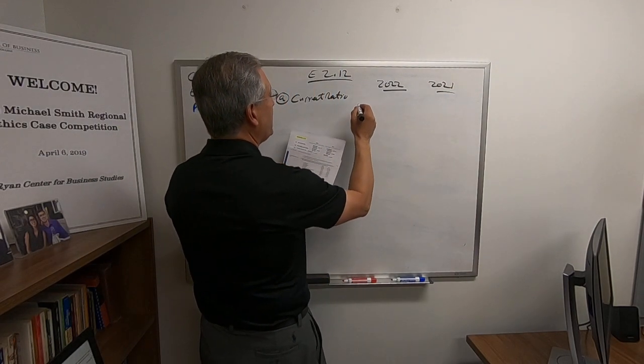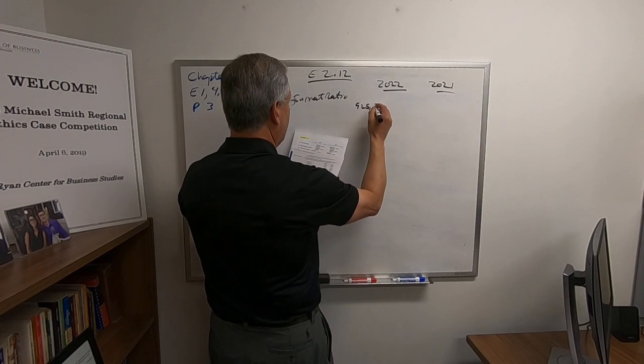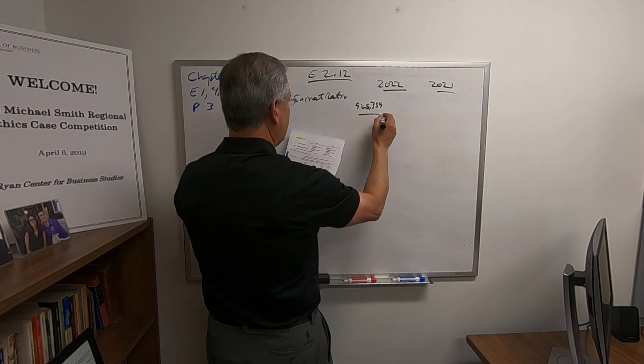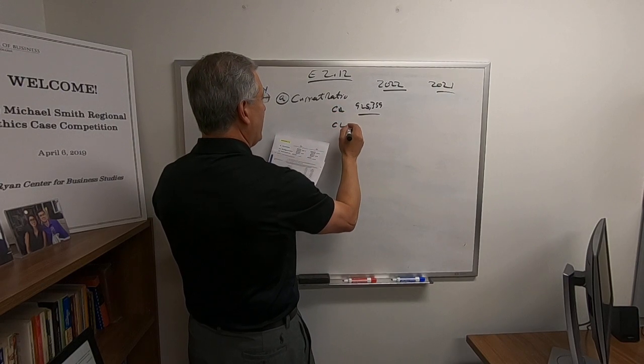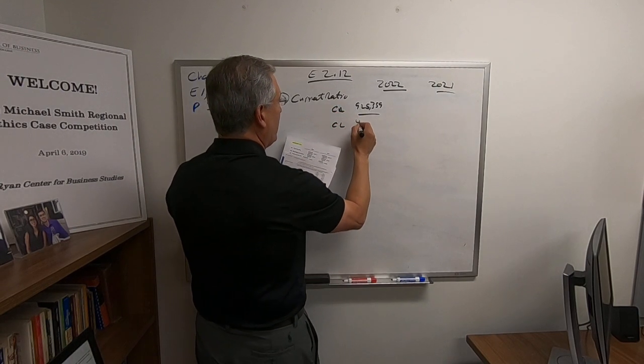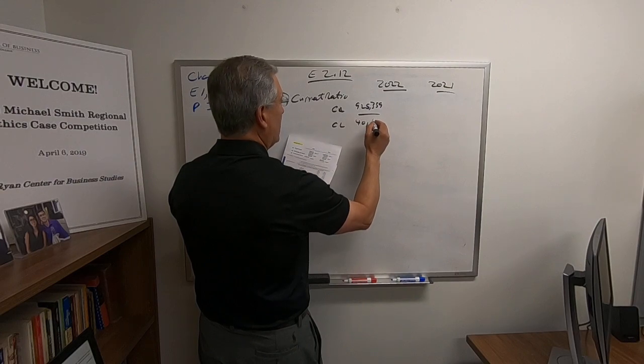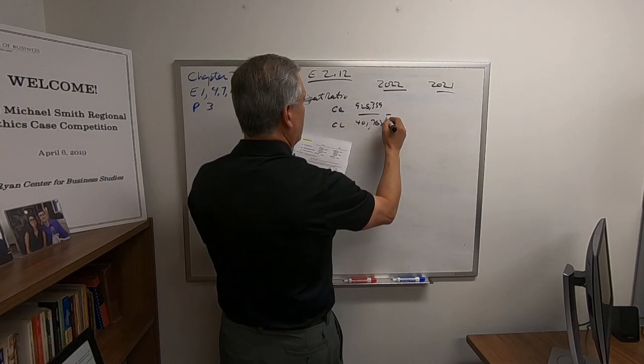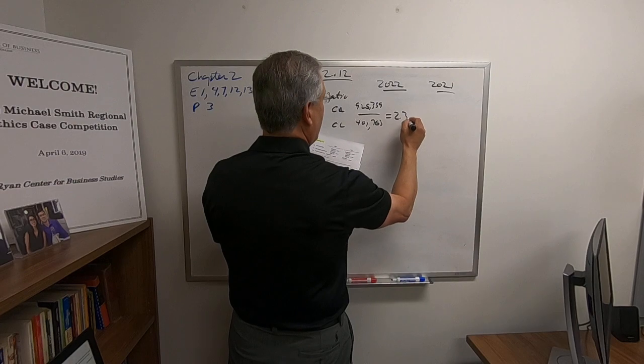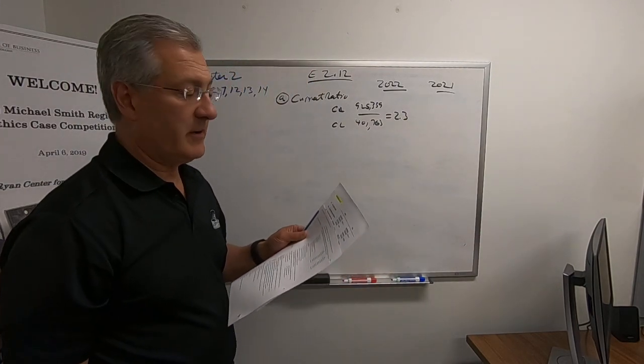For 2022, it's 925,359, which are my current assets, divided by current liabilities, 401,763, equals 2.3 to 1.